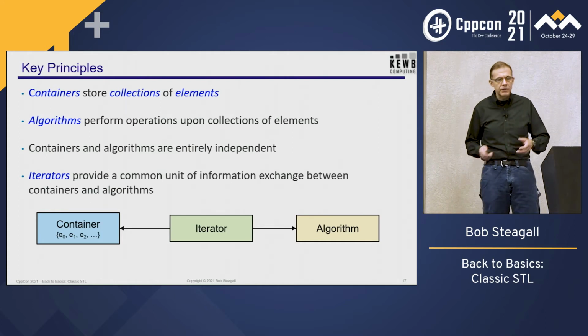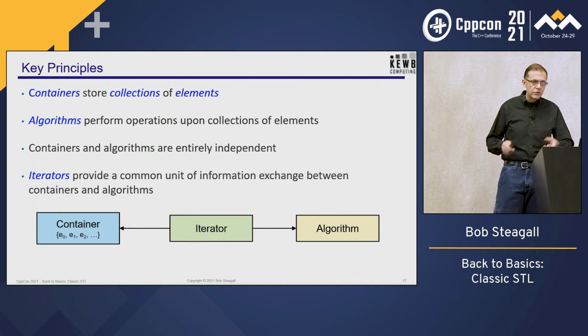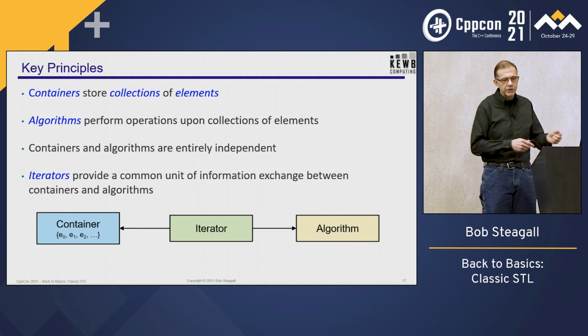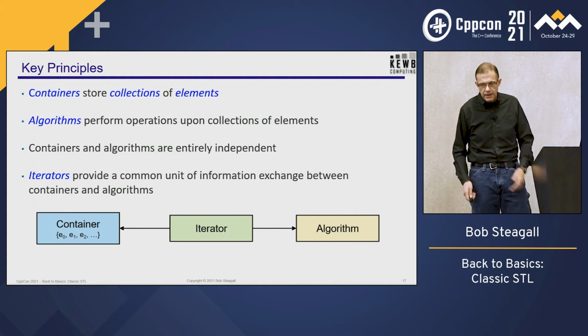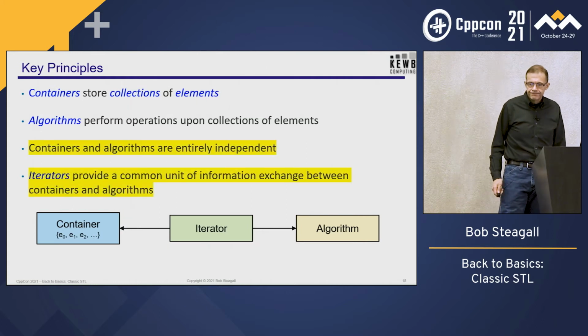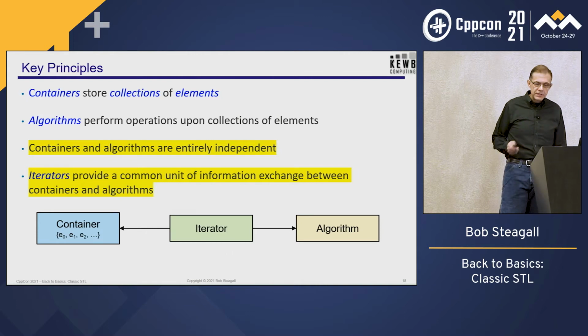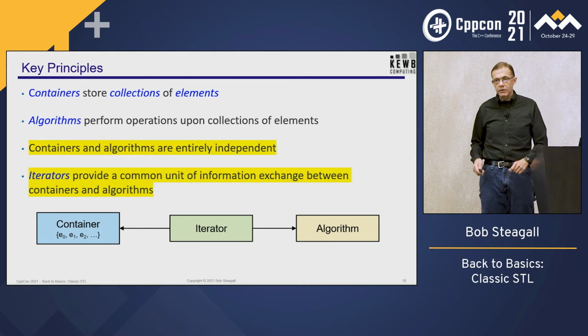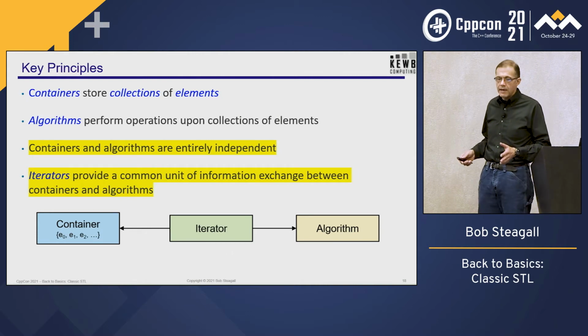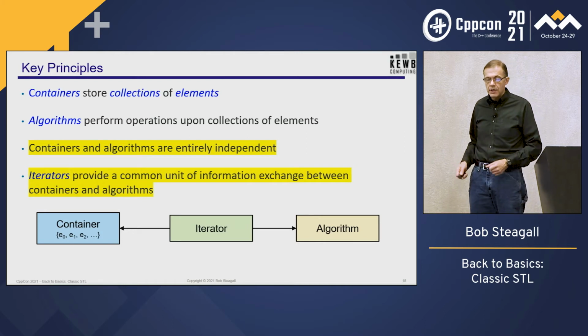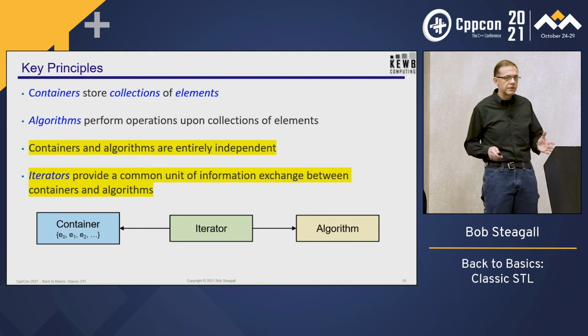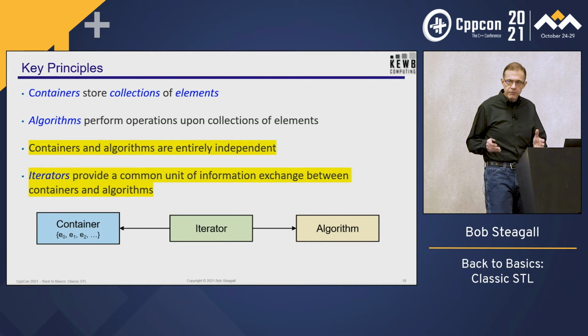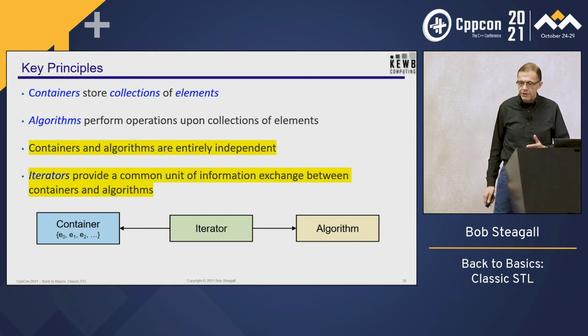Iterators are what allow algorithms to use the data that's stored in containers. Iterators are the things that allow containers to provide their data to algorithms. So for my money, again, these last two points are the most important. The independence, the orthogonality of containers and algorithms, and the fact that iterators are this common unit of information exchange between those two things.